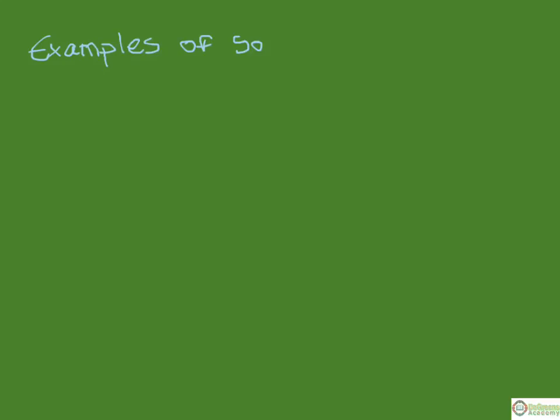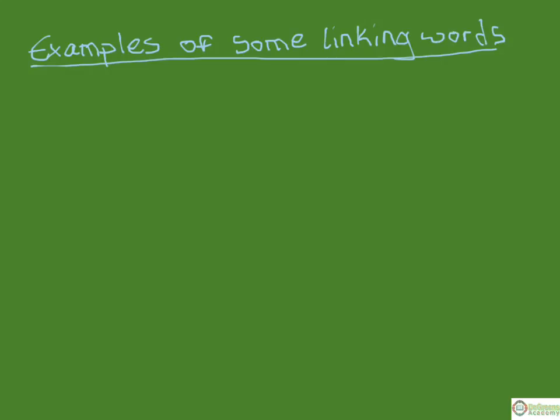Let's look at how the linking words are used in different instances, because we cannot use any word at any time. We must have a certain instance before we can use a certain word. The first one is to show addition.